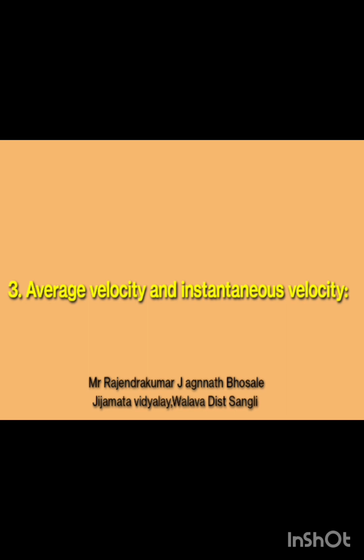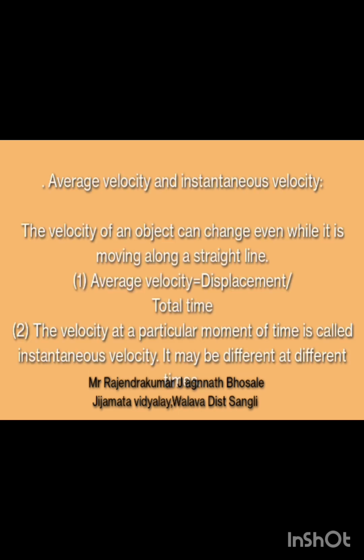And the third type is average velocity and instantaneous velocity. We will see the two types of velocity, what is average and what is instantaneous velocity. What is the difference? The velocity of an object can change even while it is moving along a straight line.